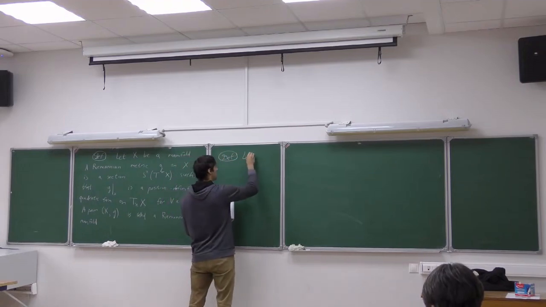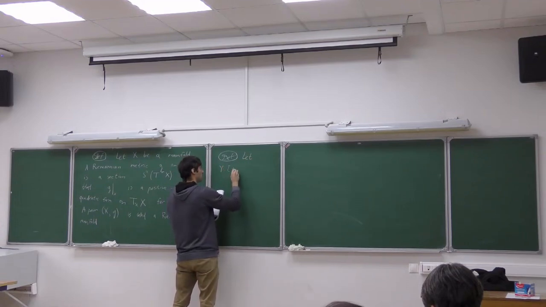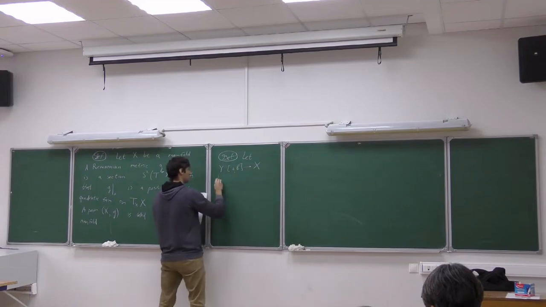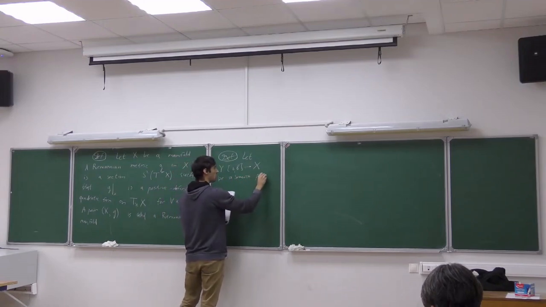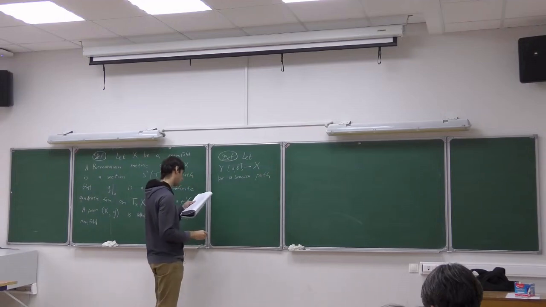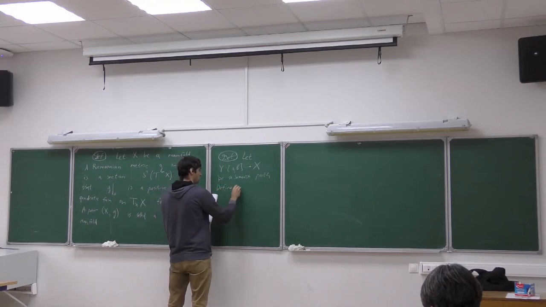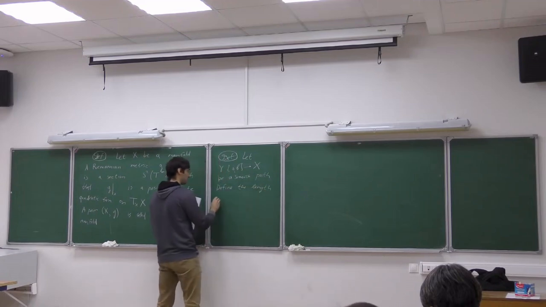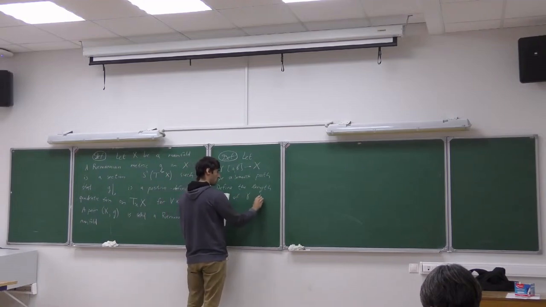So if you have a path gamma, say from some interval [a,b] to X, a smooth path, we define the length and denote it as L of gamma by the following.